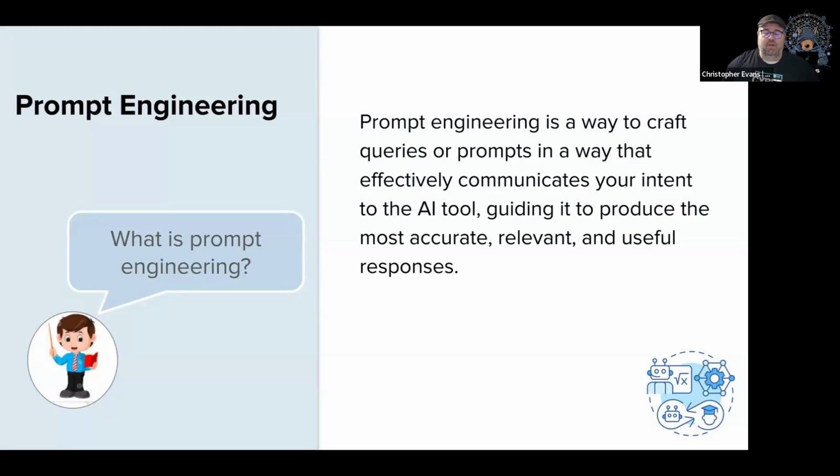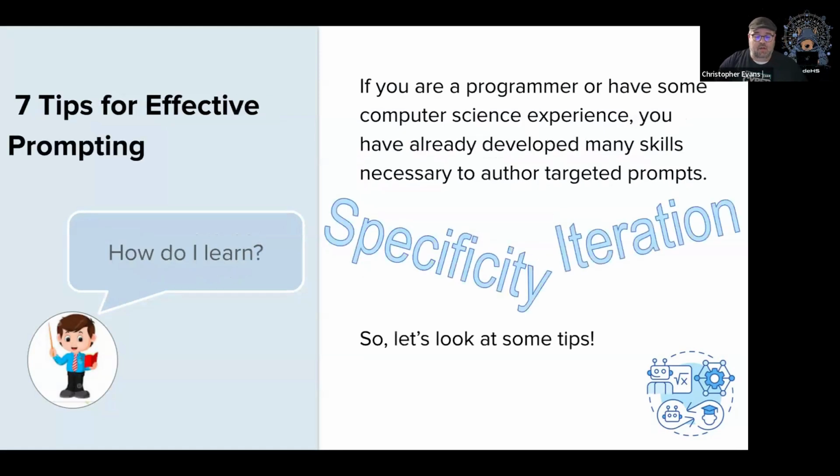It's just like if you're in the classroom. If your student's not asking you the right questions or giving you enough information, you can't give them the correct answer or a complete answer. So you have to do the same thing with your prompts. So some quick tips for effective prompt engineering is using specifics and iteration.